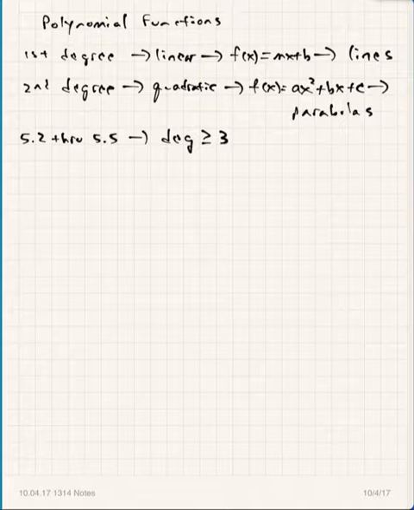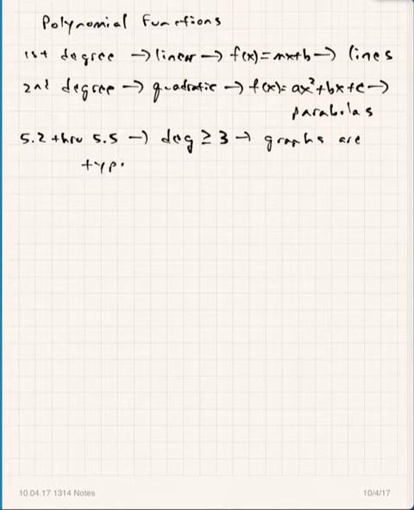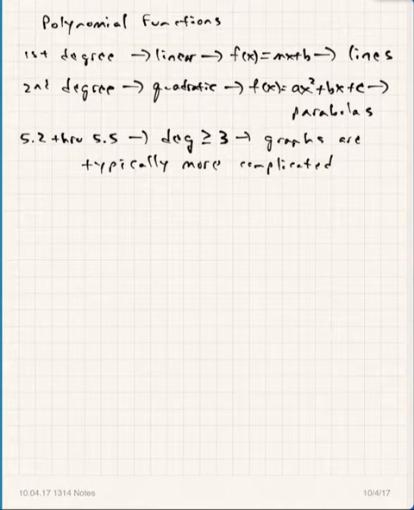So now these graphs are more complicated. I'm just going to say that right now. Graphs are typically more complicated. And so what we're going to start doing is talking about features of polynomial functions, graphs, where the degree is higher than 2, and then trying to figure out how to figure those things out.